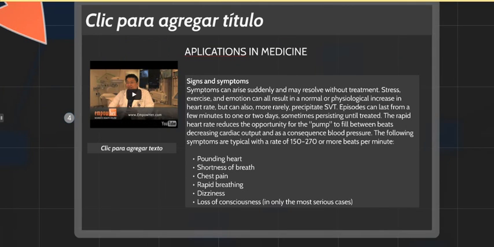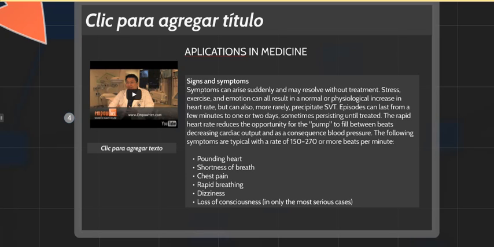The signs and symptoms. Symptoms can arise suddenly and might resolve without treatment. Stress, exercise, and emotion can all result in a normal or physiological increase in heart rate, but can also, more rarely, precede SVT.